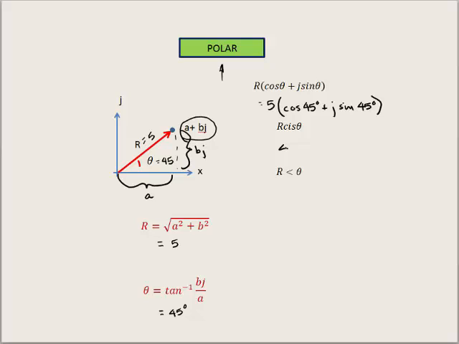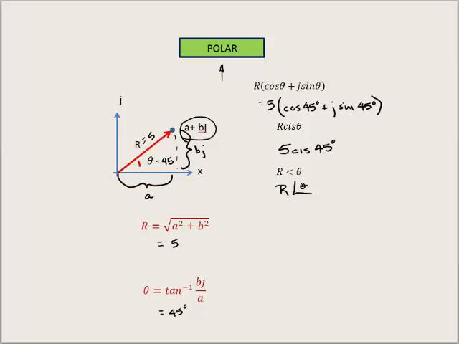Or we could write it simply 5 CIS, which stands for cosine imaginary sine, 45 degrees. I kind of like this one because it's a little bit shorter and I'm a little bit lazy, so it's easier to write. Now this is another one. Your computer doesn't have the correct symbol, but it's an angle and theta, and this angle symbol I can't find in the computer system.